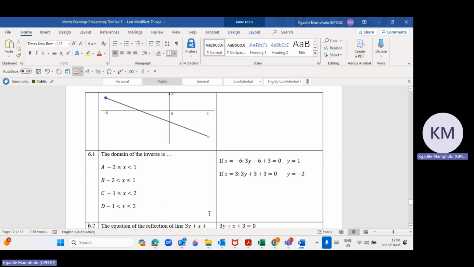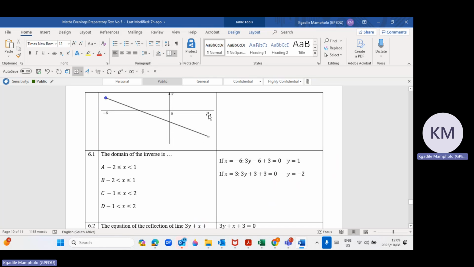Now, the domain of the inverse. So first, for us to get the domain of the inverse, remember, for the inverse, the critical values of the range will be the critical values of the domain, and vice versa. So it means here, we'll say the range, the y value is 1 and -2. So meaning that when x is -6, y is 1.